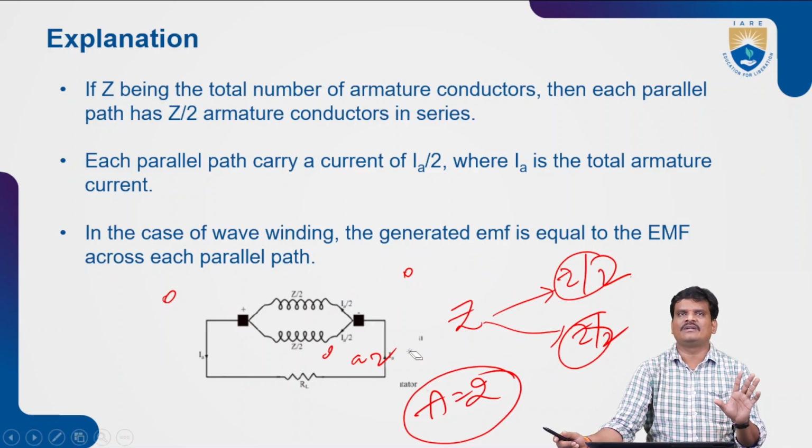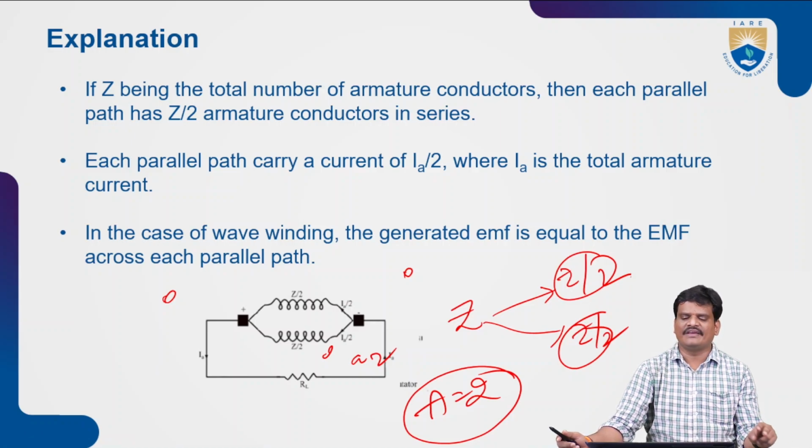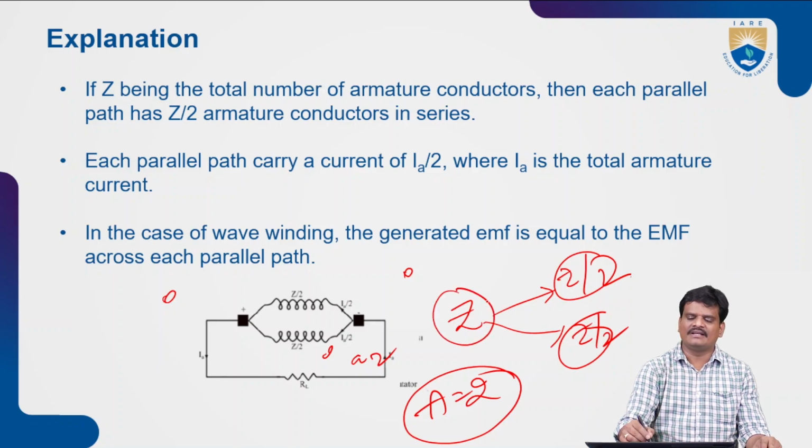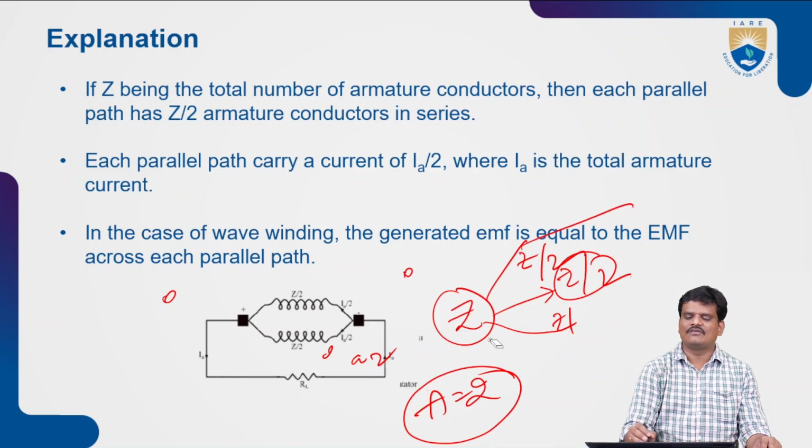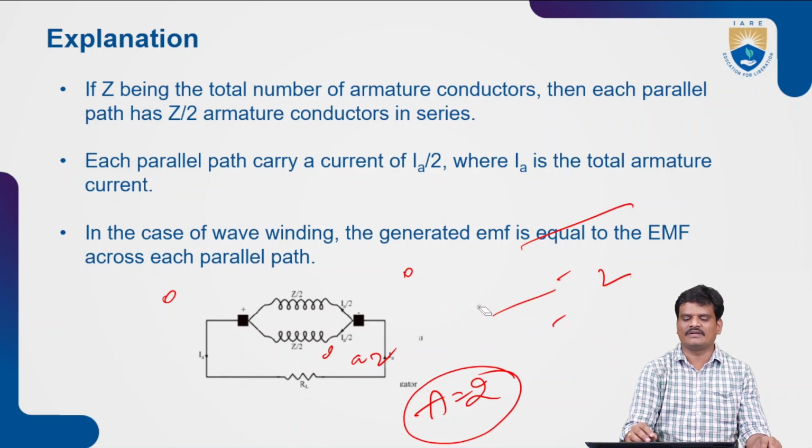Because according to the representation of a wave winding, the number of parallel paths should always be equal to 2. If the given conductor is Z, it is divided into 2 equal parallel paths, one Z by 2 and the other Z by 2, and the current flowing through these parallel paths also gets divided.